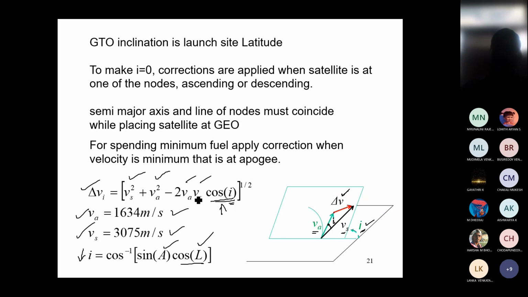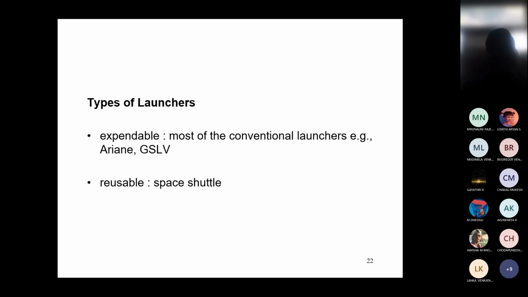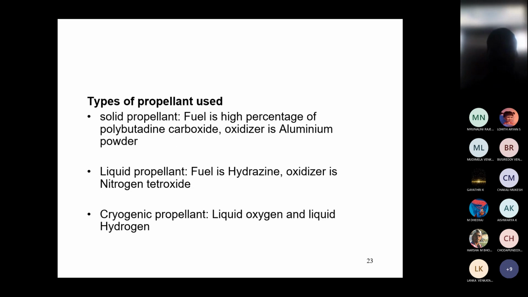So when cos of I is more, this factor will also go higher. So this factor minus this factor, since the subtracting factor is going up, this difference will reduce, and that will reduce the velocity change or the velocity correction factor.